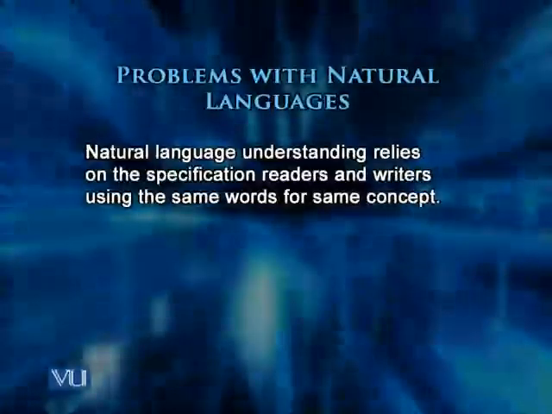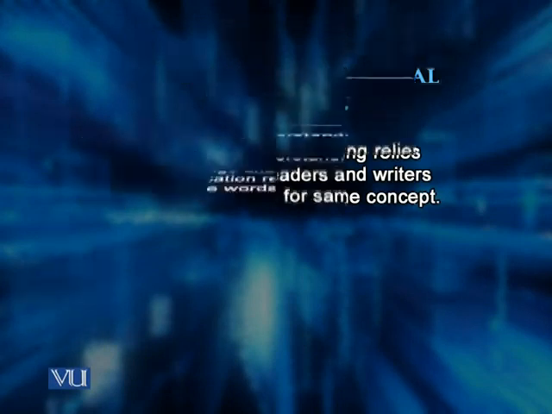Natural language understanding relies on the specification readers and writers using the same words for the same concept. What this means is that since the requirements are written by a requirements writer, he or she uses a particular terminology and assumes that readers would mean the same thing when they read this terminology.